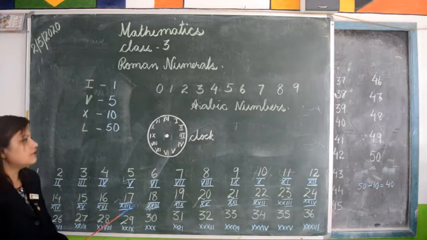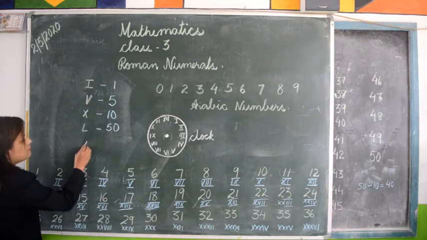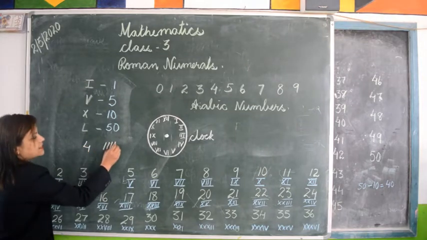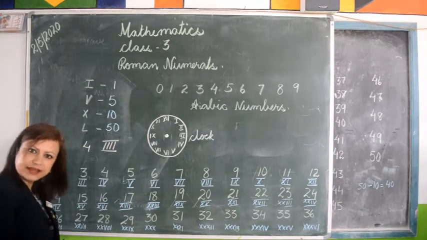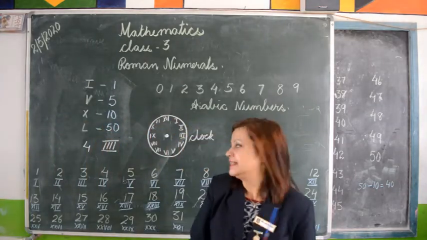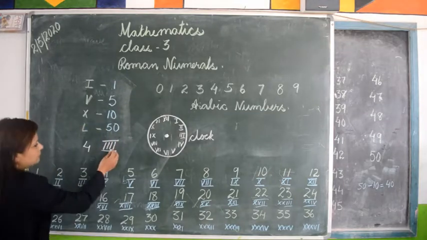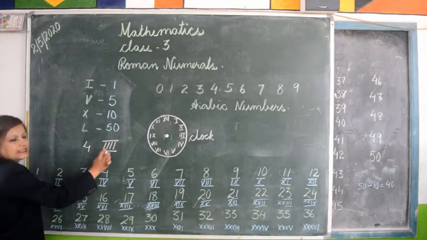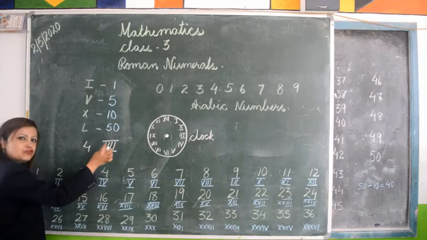But we cannot write 4 with 4 I's. There is a rule that we cannot write the letters more than 3 times.